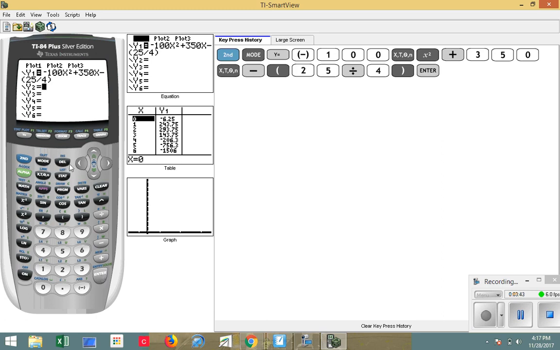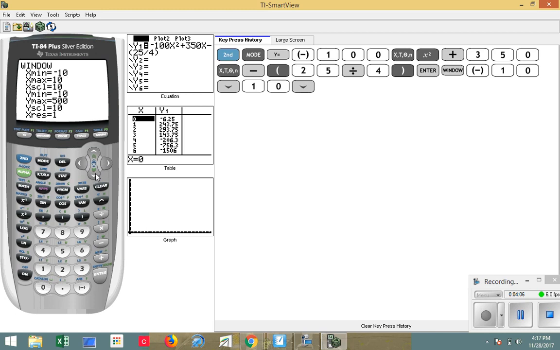Now, normally the window is set to show the standard viewing window, which I'm not sure if mine's set on that now, but the standard viewing window is negative 10 to 10 going up by ones for the x-axis, and then negative 10 to 10 going up by ones for the y-axis.